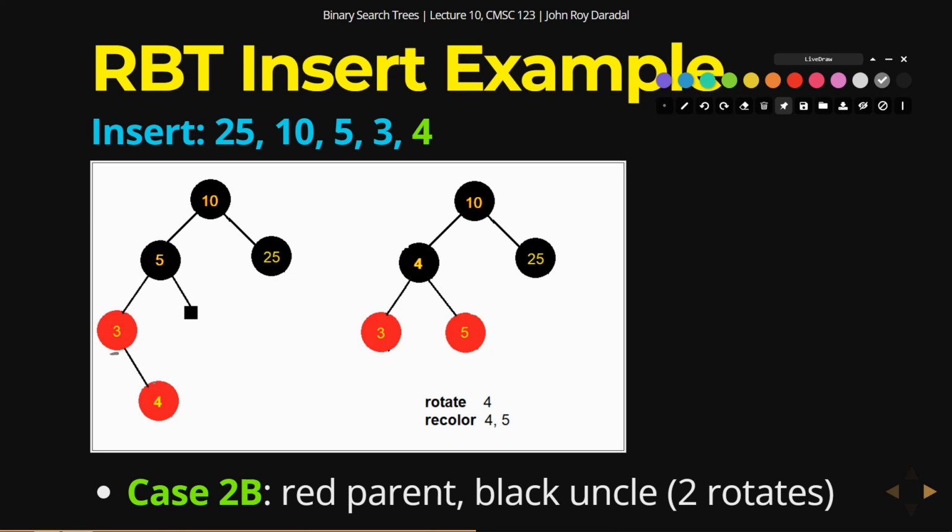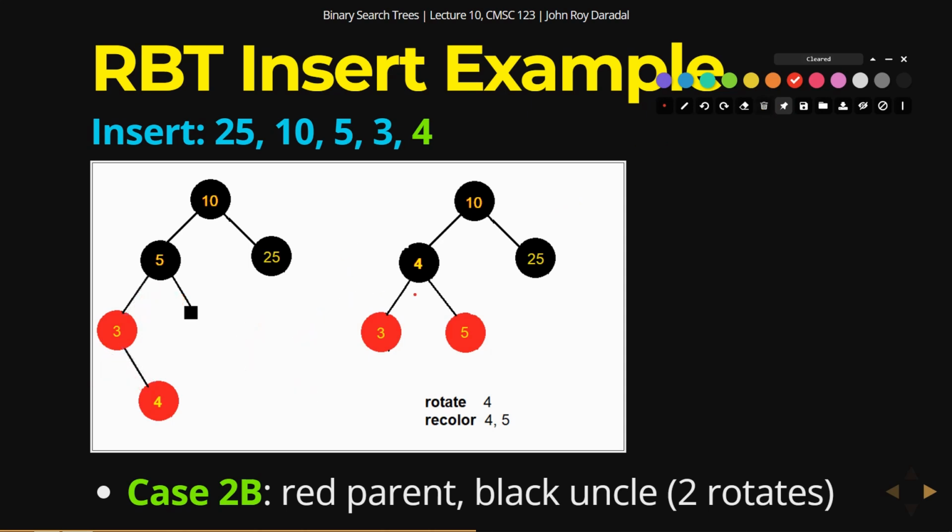It's the right child of a left child. So this would be a double rotation. We'll do a left rotate and then a right rotate here. So this becomes 4 and then 3 and then 5, which is what we have here. And then do the recolor to have 4 as black and then 3 as red and 5 as red.